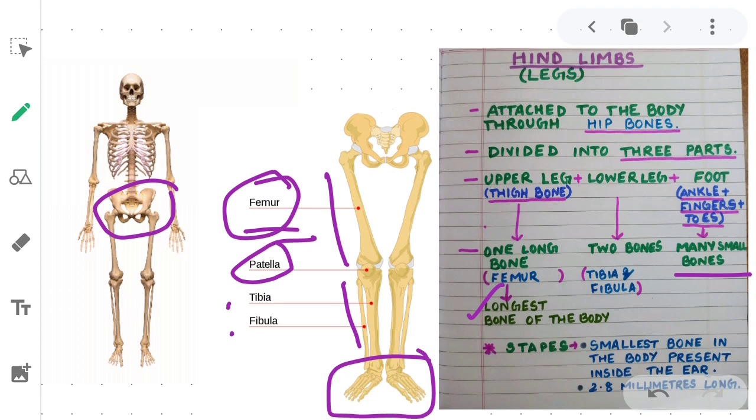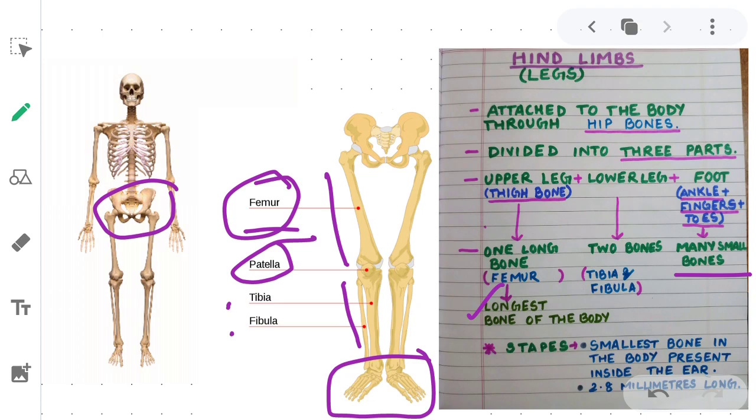And the lowest part is the foot area, which consists of the ankle, fingers and toes, which are made up of many small bones.